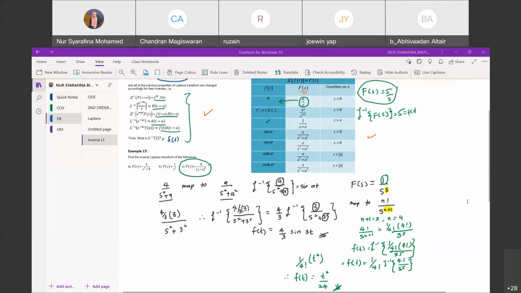6 over (s minus 1) to the power of 4 is split with what? Exponent e^(at), you only have s minus a, but there is (s minus 1) to the power of 4. S minus a alone is there for exponent e^(at).